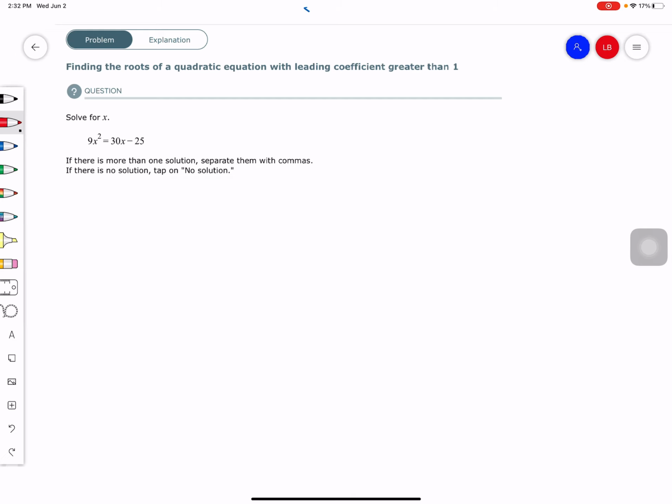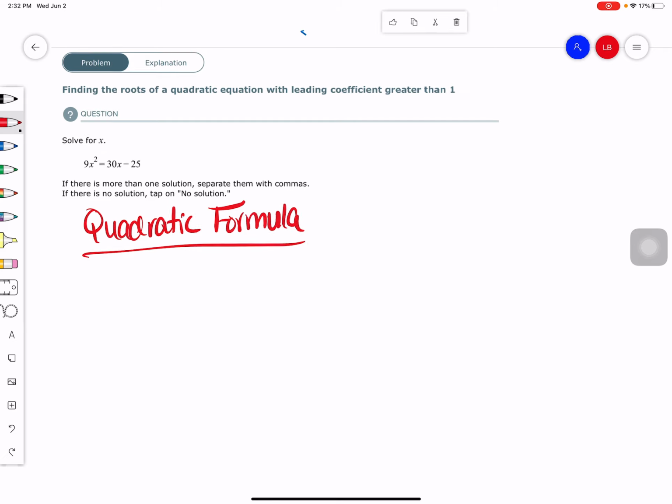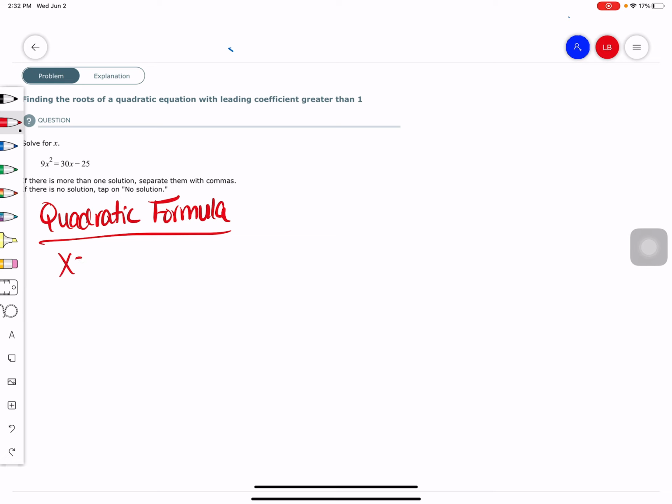The quadratic formula is x is equal to the opposite of b plus and minus the square root of b squared minus 4ac all over 2a.